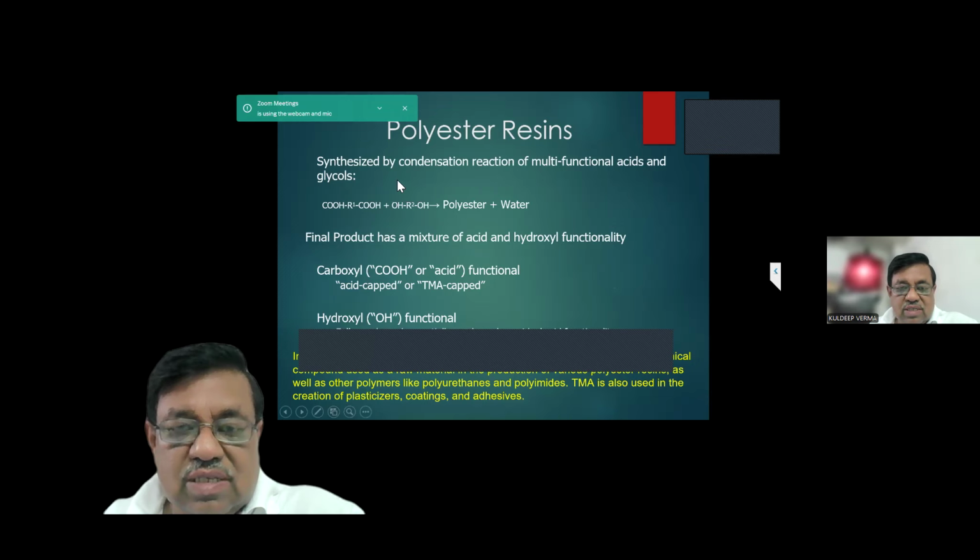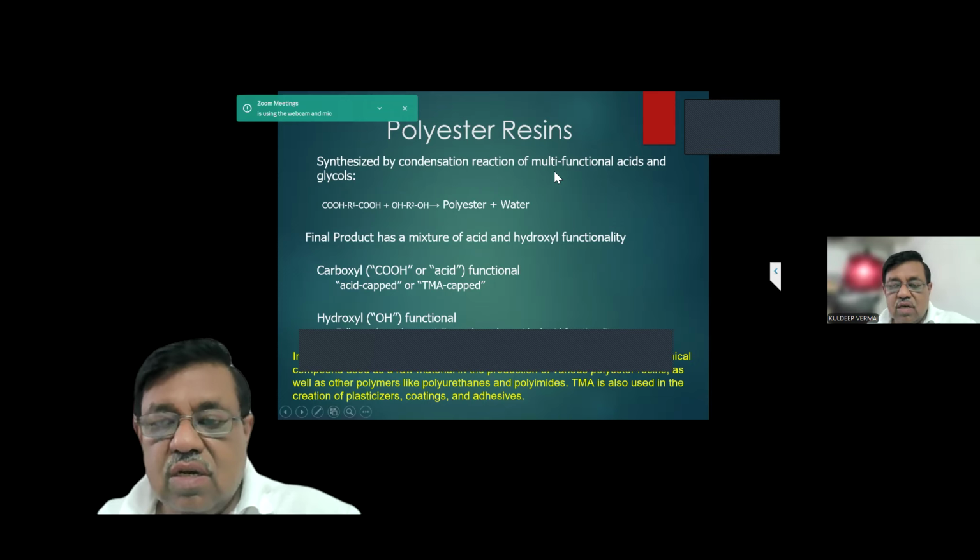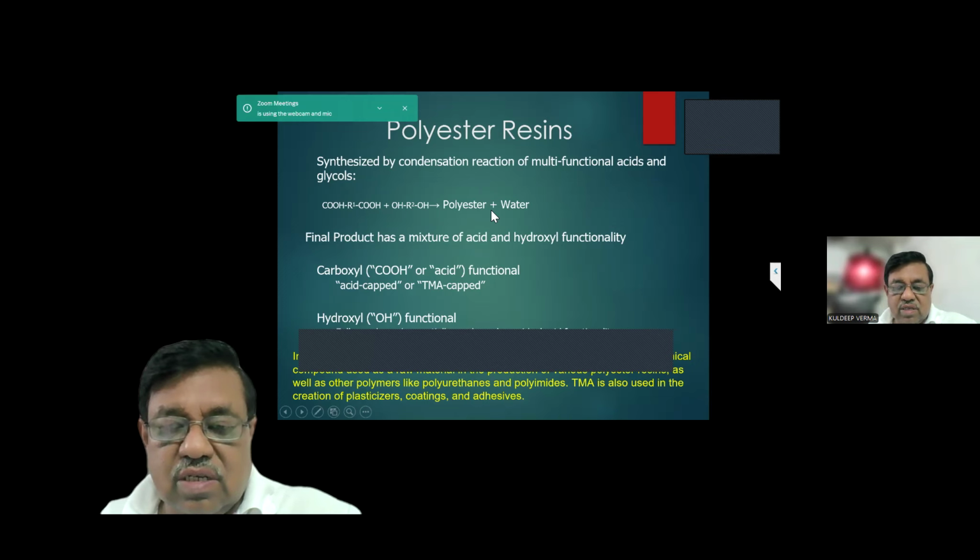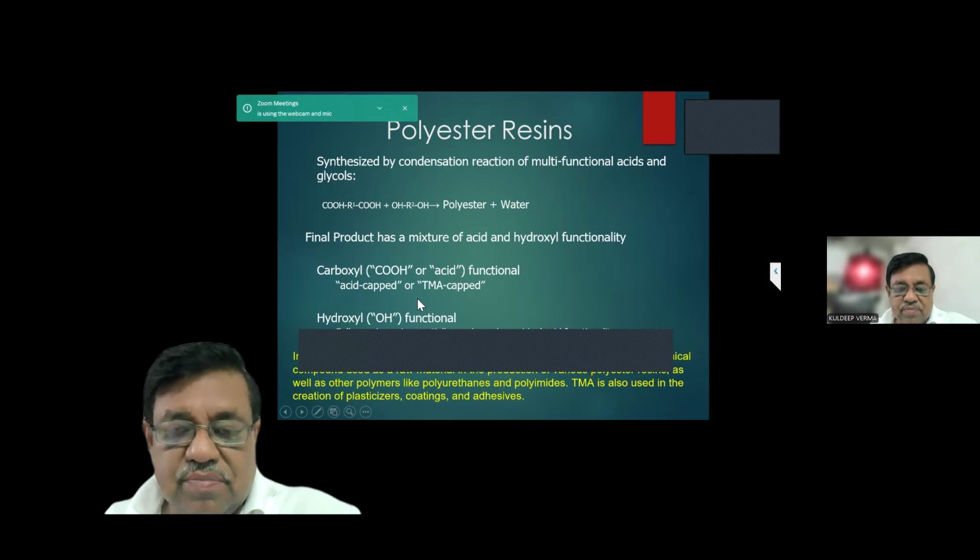Polyester resins are synthesized by condensation reaction of multifunctional acids and glycols. This is a chemical reaction. Depending on your formulation, sometimes methanol is removed. The final product has a mixture of acid and hydroxyl functionality. It should be TMA free.